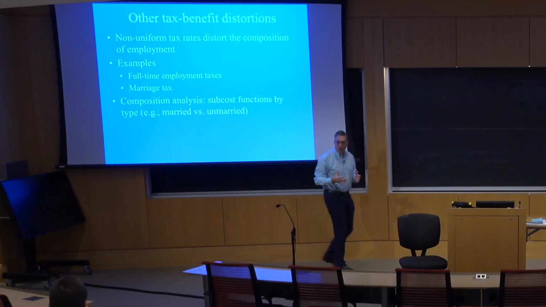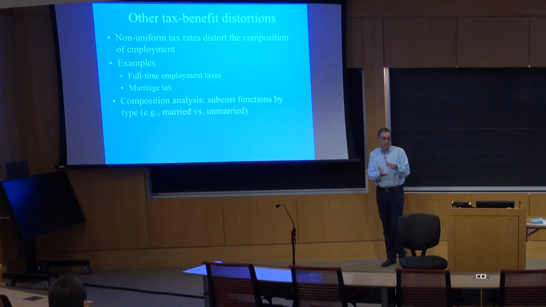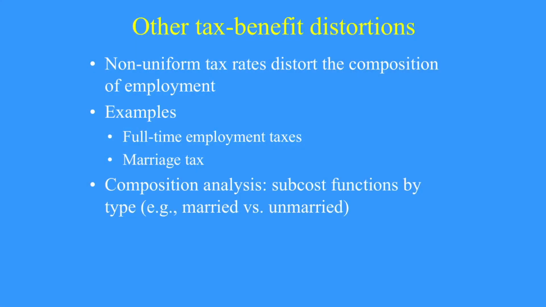And then you can use those sub-cost functions and compare them, divide them. Take the cost function for the married, divide by the cost function for the unmarried. To the extent that differs from one, we have a marriage tax or a marriage subsidy. So we get the same tools we're using for inflation, same tools we're using for aggregate analysis, now we can use for comparing across groups. We do this all the time in economics, the price indices.